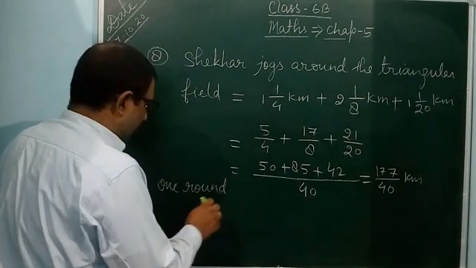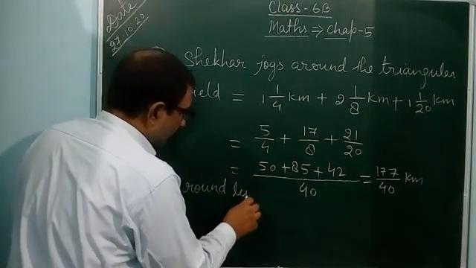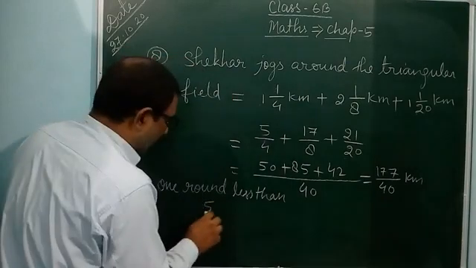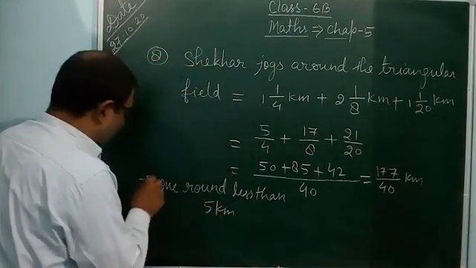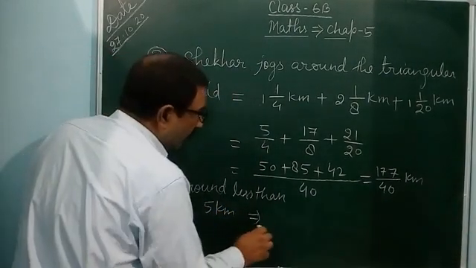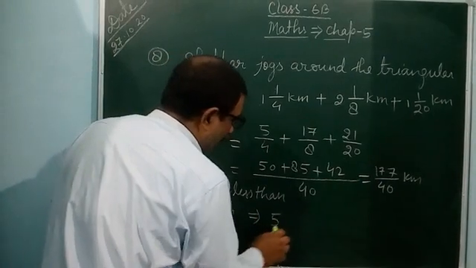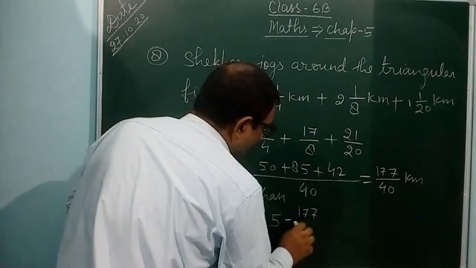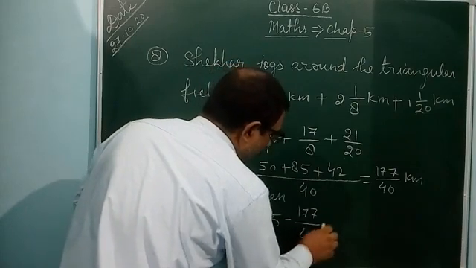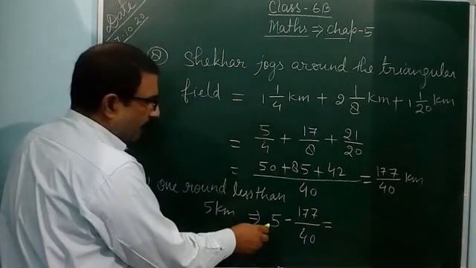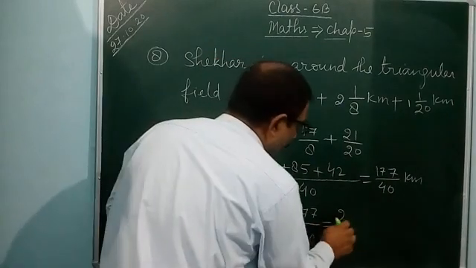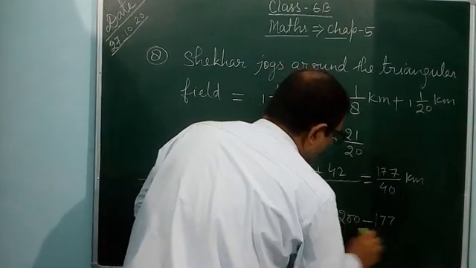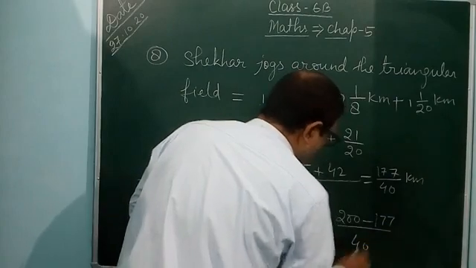So one round less than 5 kilometer means 5 minus 177 by 40. 5 times 40 is 200, so 200 minus 177 by 40.